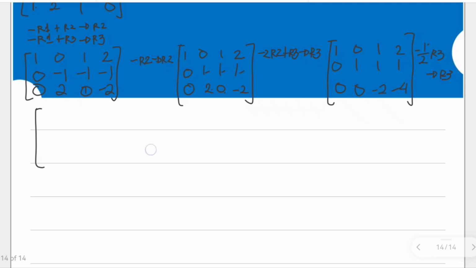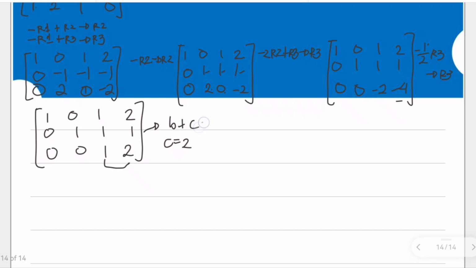It will become 1, 0, 1, 2, 0, 1, 1, 1, 0, 0, that's positive 1, and negative 1 half times negative 4 is positive 2. This would mean C is 2. Using this equation, B plus C equals 1, so you'll have B plus 2 equals 1.